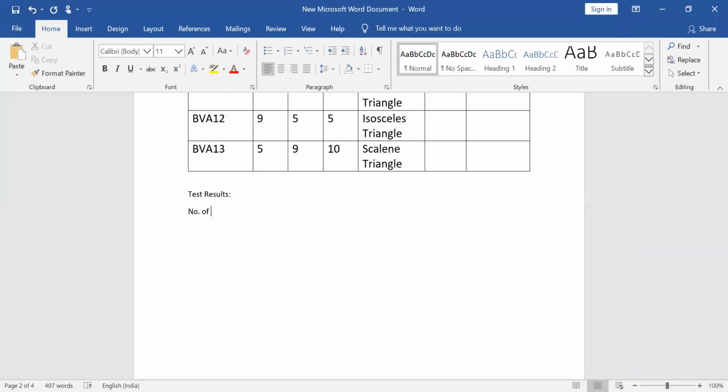Number of test cases conducted, number of test cases passed, number of test cases failed.